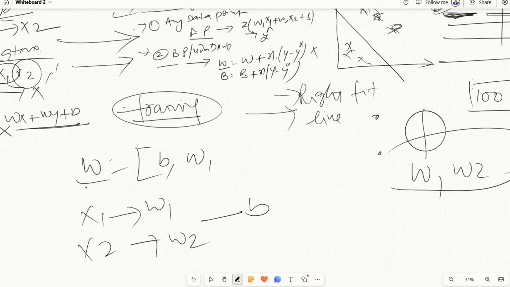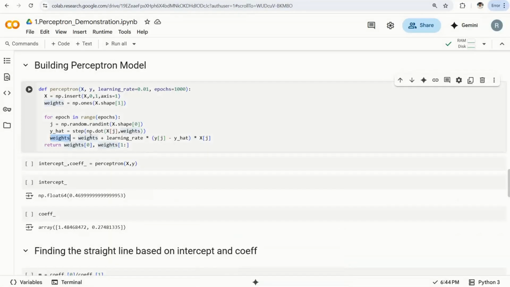So this weight matrix will give you weights w1 and w2, all of this in the matrix. Here I'm returning a tuple. I want the weight of 0, I mean I want the bias, and anything after weight 1, I mean I want to get weight 1 and weight 2.